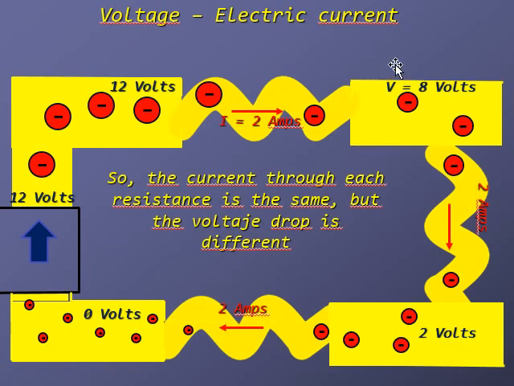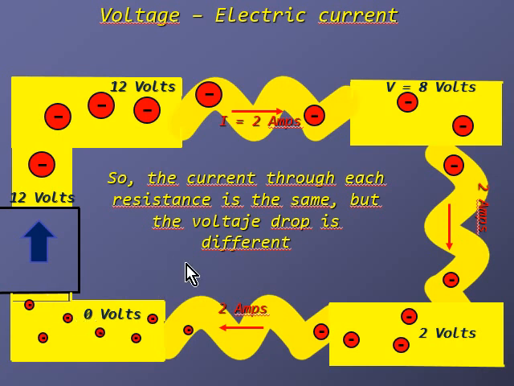Okay, you have a summary here, but be careful because the current is the same, because as I say, the current is the number of electrons that are going through the conductor. So if we have 2 amps here, we have the same 2 amps here, we have the same 2 amps here. So it means if we have 2 amps of electrons leaving the positive of the battery, they're going to get 2 amps of electrons to the negative of the battery.